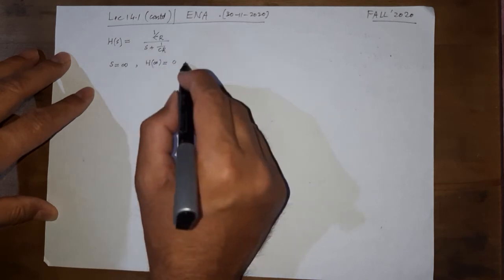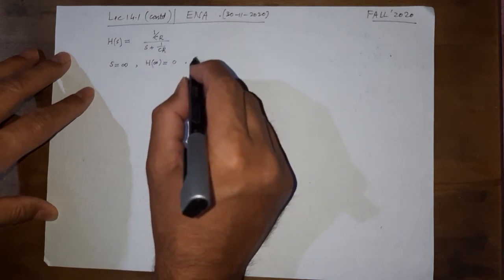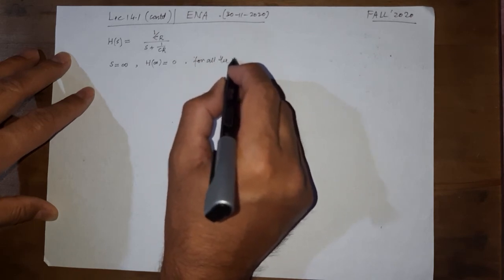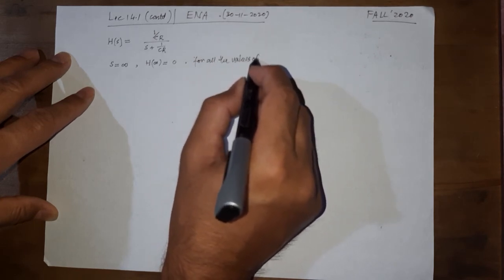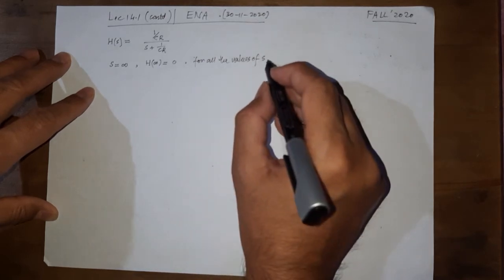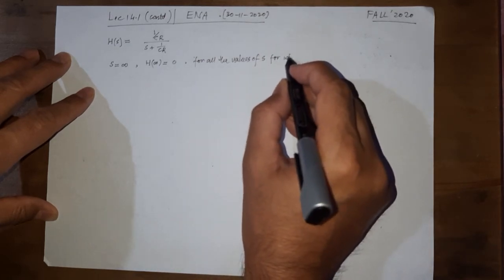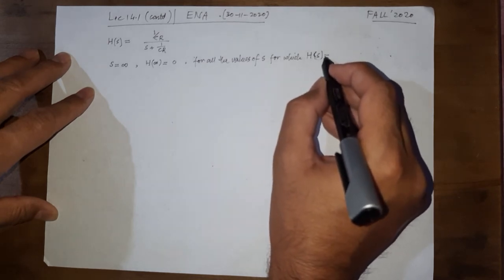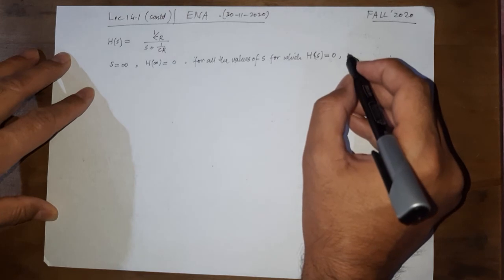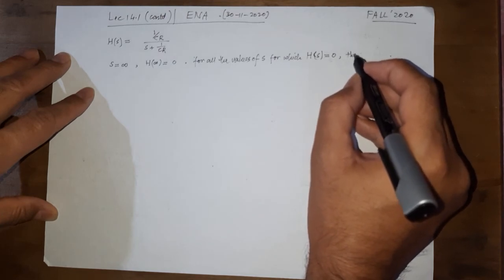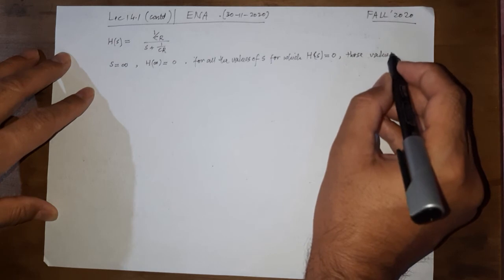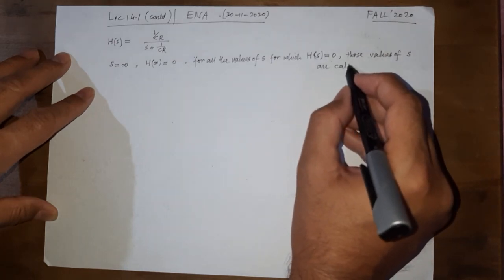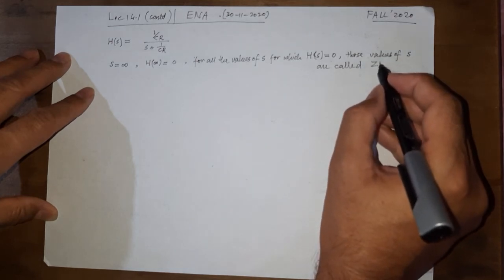So for all the values of S for which the transfer function becomes 0, those values of S are called zeros.